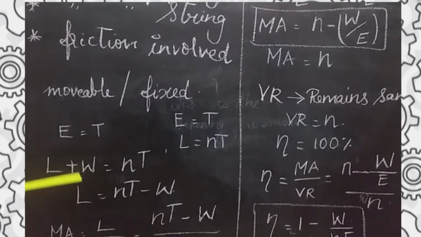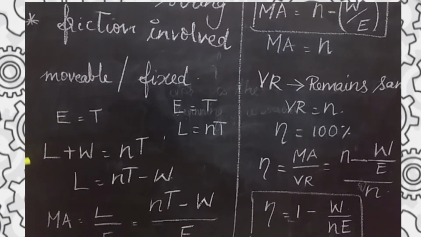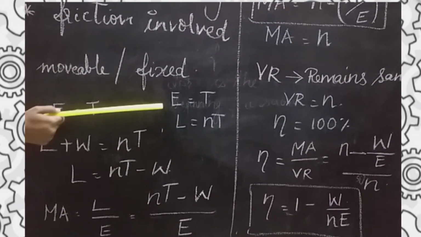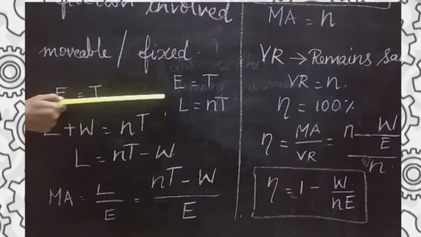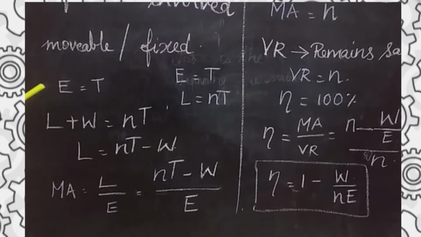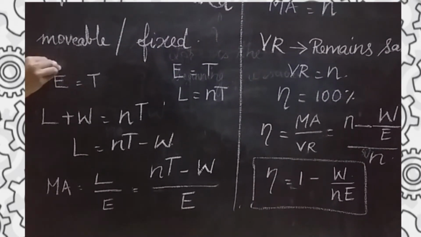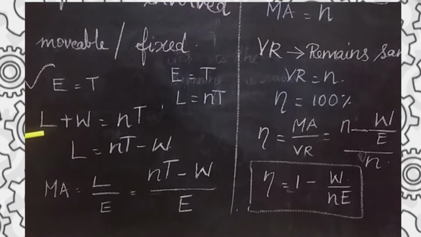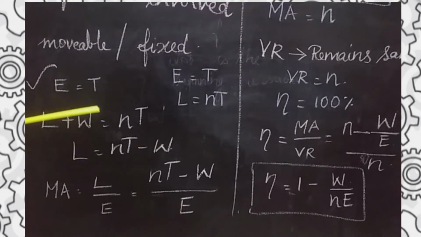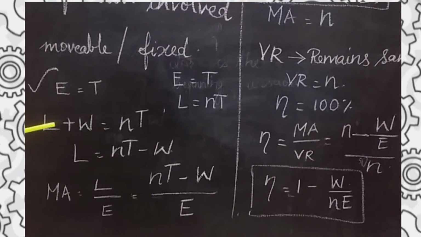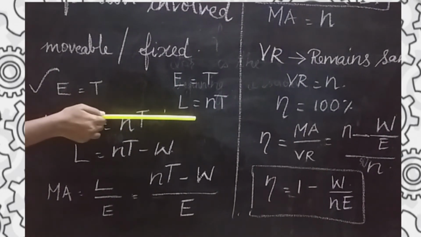So let's see what happens to the effort and the load. Initially we saw that effort is equal to T, load is equal to NT. But now, effort remains the same. There was no change in the effort. But in the case of load, the weight of the pulley will combine with the load. So we had L is equal to NT.